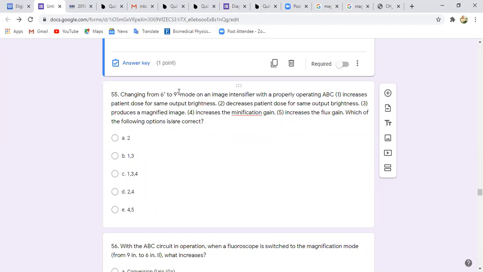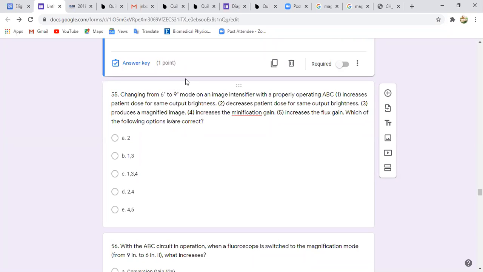Of course, if you have the 9-inch, we shouldn't move to the 6-inch procedure, because moving to using a smaller portion of the input phosphor means we are using the magnification mode. Switching between these is just using a magnification mode of the same image intensifier.